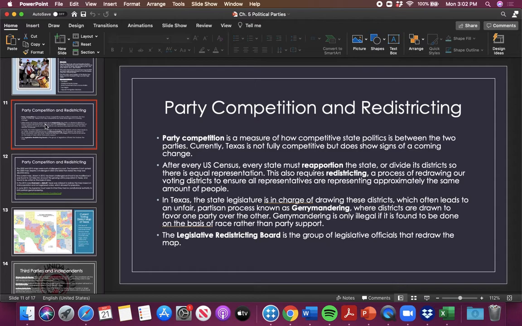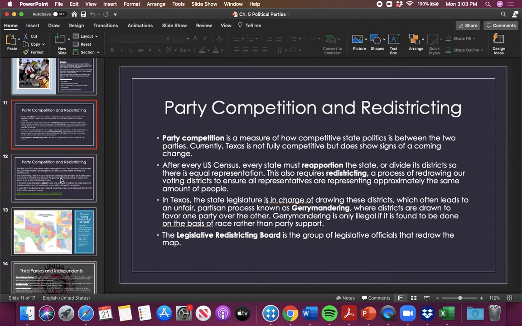Now, what's difficult about that is that race and party affiliation have been heavily tied together in our country. We know since the 1960s, people of color, especially African Americans and Latinos, have been heavily associated to the Democratic Party, and we know that the Republican Party is still made up of a majority of white citizens. So to make an argument that gerrymandering is not done on the basis of race is difficult.